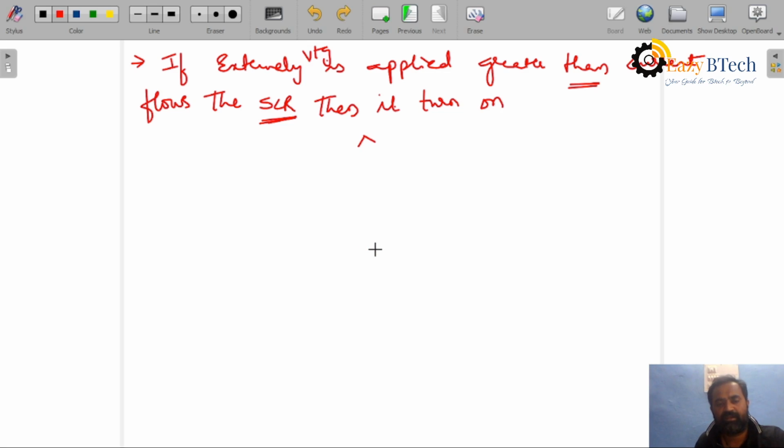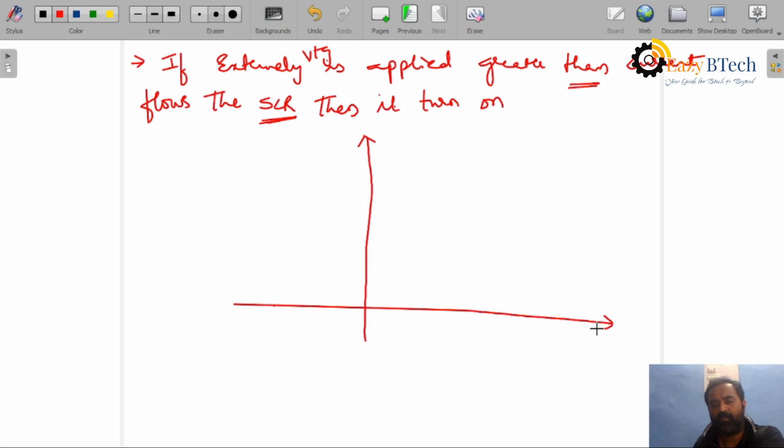You can see here, the current, and this side is the voltage.